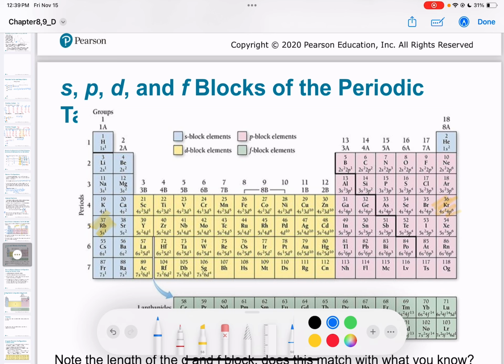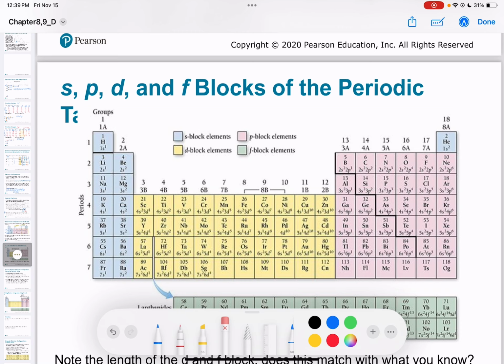If you remember, I talked about this a long time ago, at least a week ago, maybe more, about how we can identify different blocks on the periodic table that correspond to where the highest energy electrons in that element are.